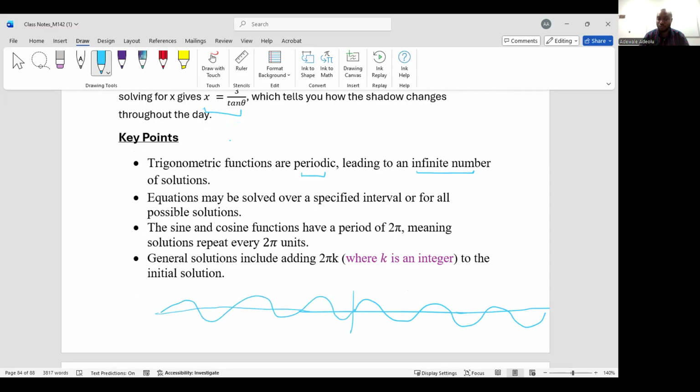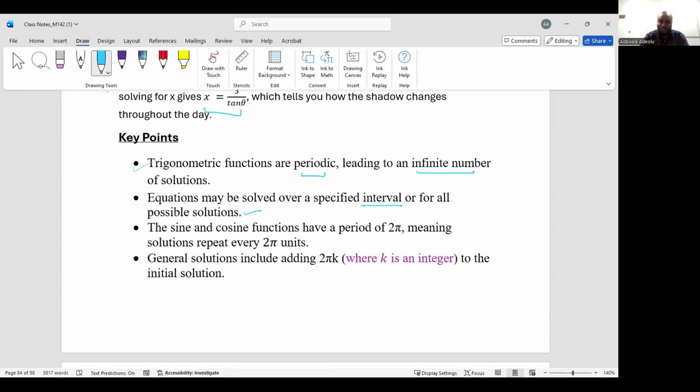So you must keep that in mind. Again, equations may be solved over a specified interval or for all possible solutions. So we can say find all solutions, or we just say find on some interval, maybe from 0 to 2 pi, or 0 to 4 pi, or 2 pi to 4 pi, depending on what the situation is.